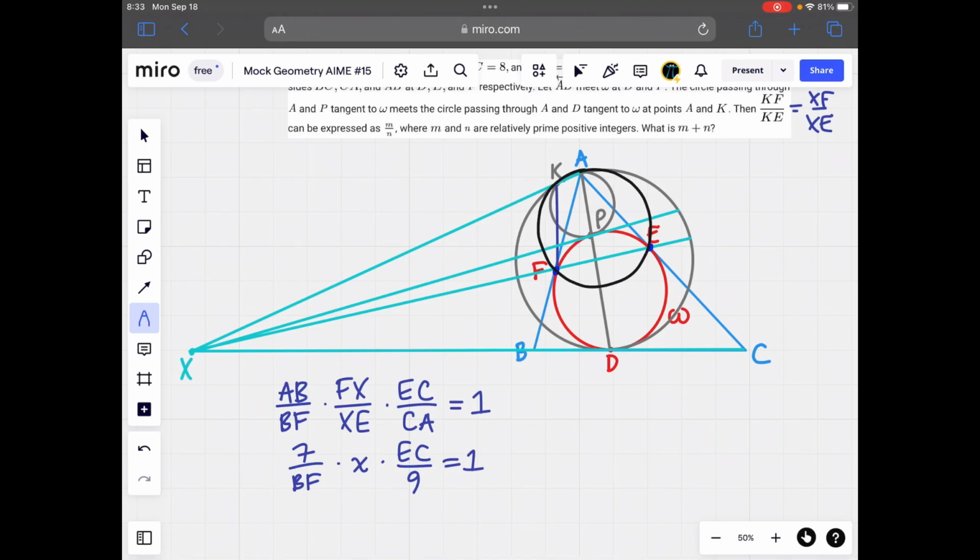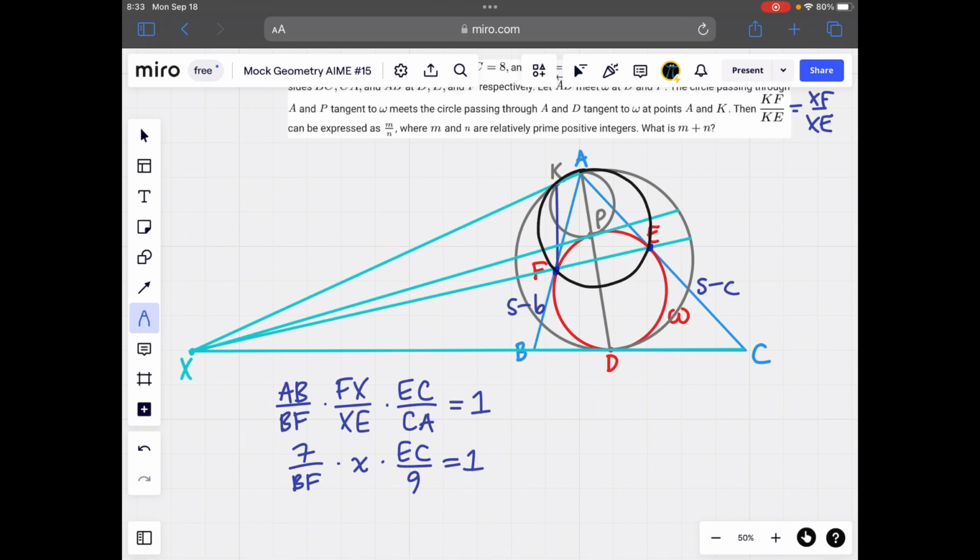Now BF and EC are tangents at B and C to the incircle omega. And they simply have lengths S minus B and S minus C respectively, where S is the semiperimeter of triangle ABC. Since triangle ABC has side lengths 7, 8, and 9, S would be equal to the perimeter 24 over 2, which is 12.